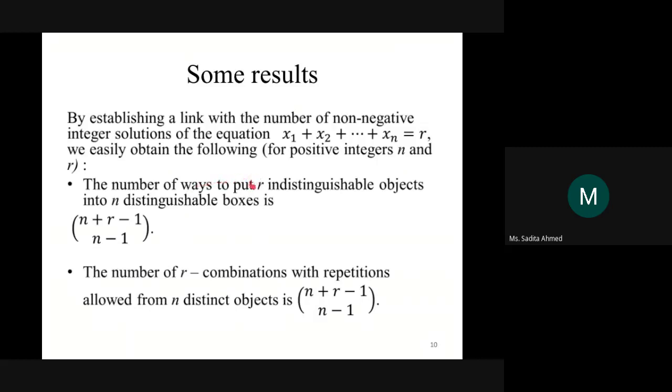You have a total of r indistinguishable objects which you have to distribute or place among n distinct or distinguishable boxes. In that case, the total number of ways to do that is n plus r minus 1 C n minus 1, the same formula that we've used so far. And you will see that this problem fits this definition as well.